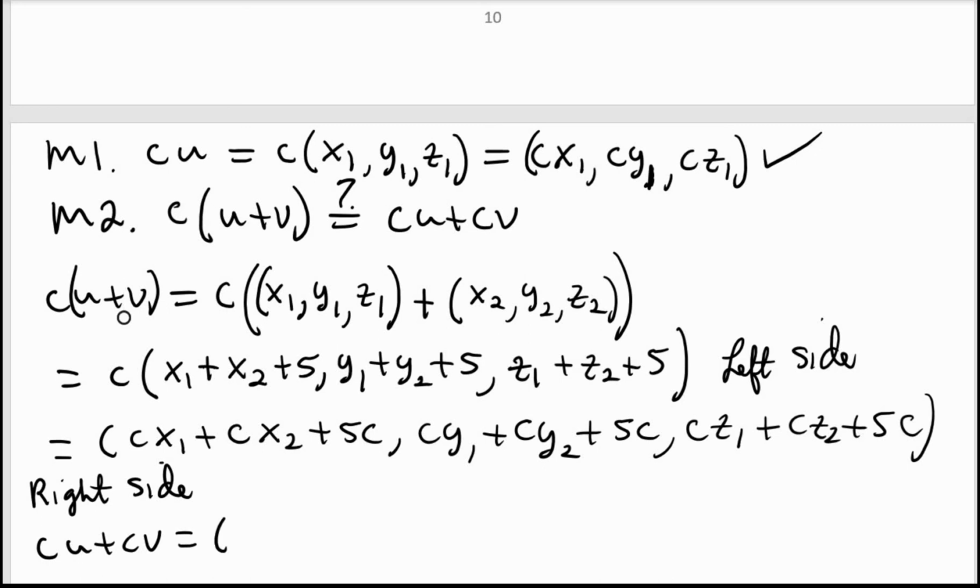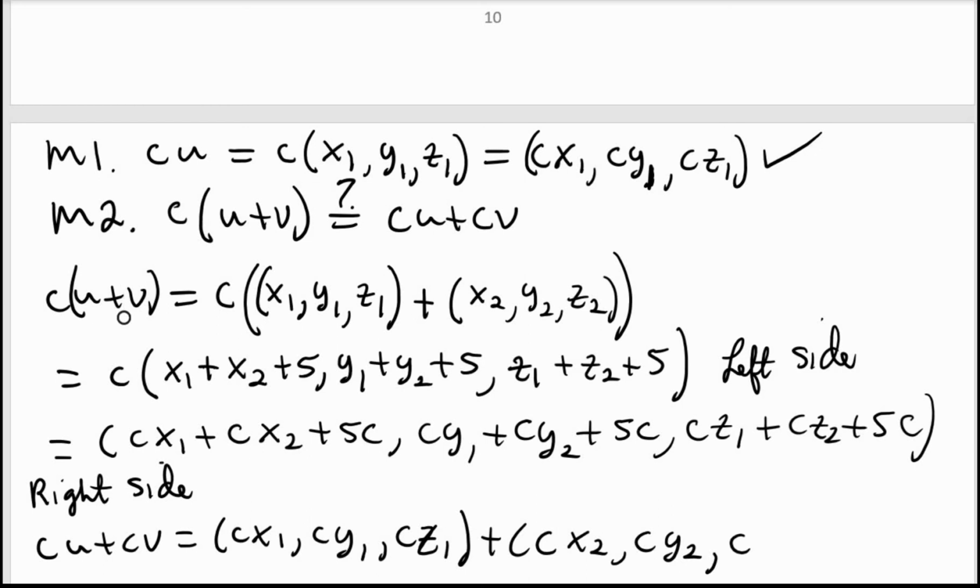So this is c times x sub 1, c times y sub 1, c times z sub 1, plus c times x sub 2, c times y sub 2, c times z sub 2.